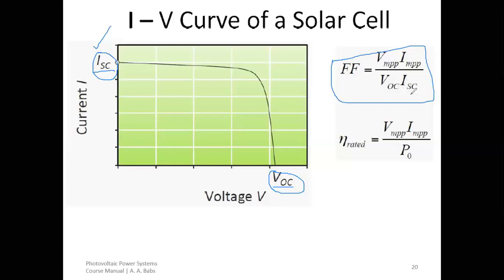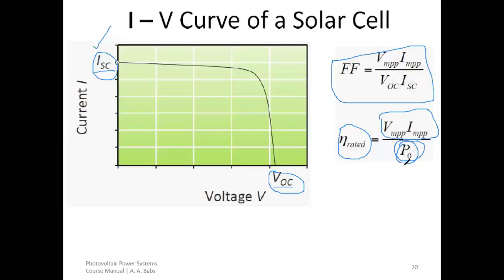All right. And then we have the efficiency. This is referred to as the rated efficiency of the PV cell, and you can see it is referred to as VMPP times IMPP divided by the power density. This is power density here. It is the ratio of the maximum power to the input power.